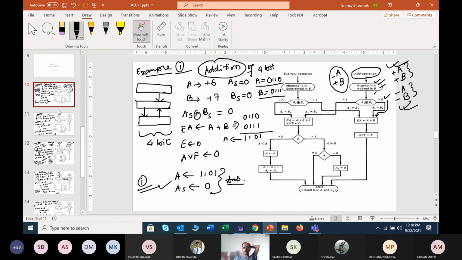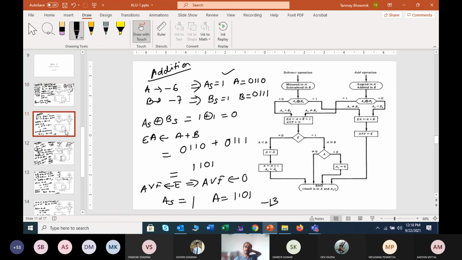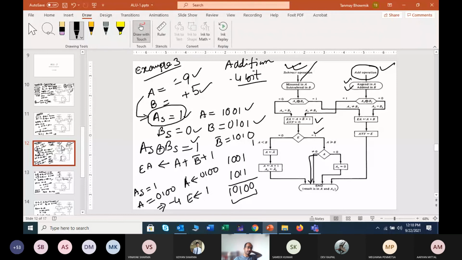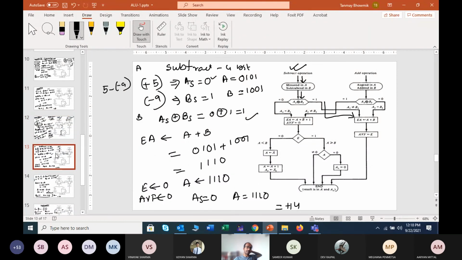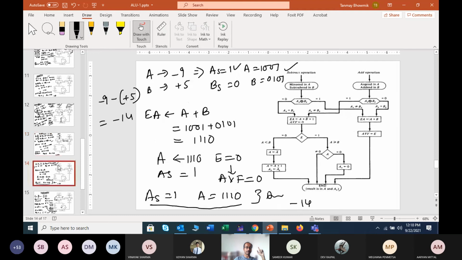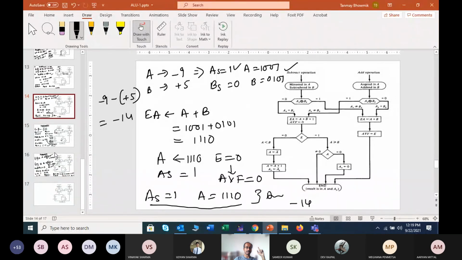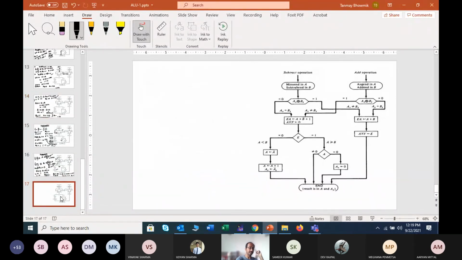Till now: positive, positive in case of addition; negative, negative in case of addition; positive, negative in case of addition. Then in case of subtraction, again positive, negative; and in case of subtraction, negative, positive. One example we should consider last, that is the equal number case, when the result will be 0.